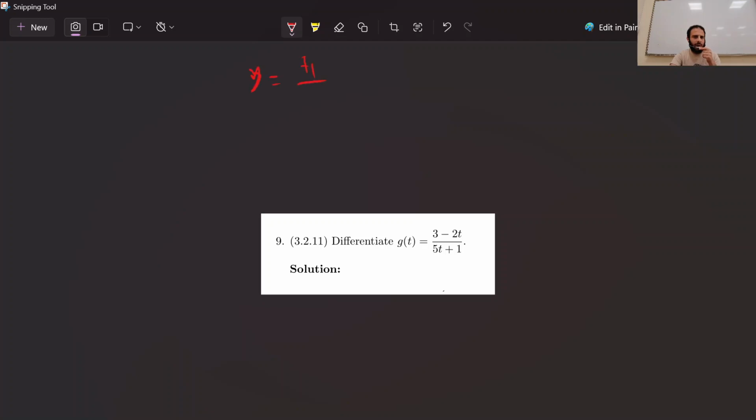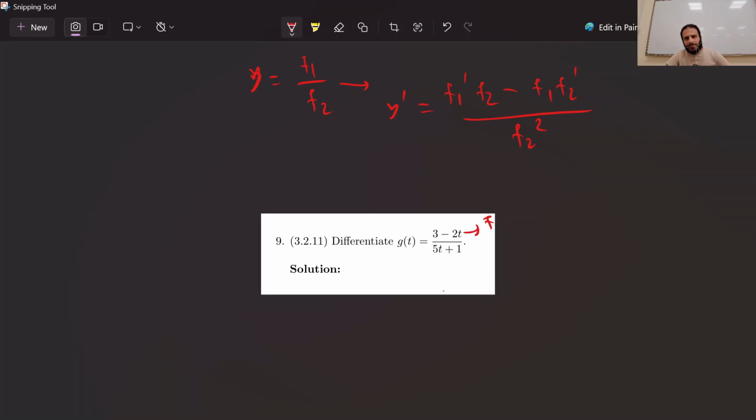We have f1 over f2, and I need to write the derivative first. So y prime equals f1 prime f2 minus f1 f2 prime over f2 squared. Are you good with this?